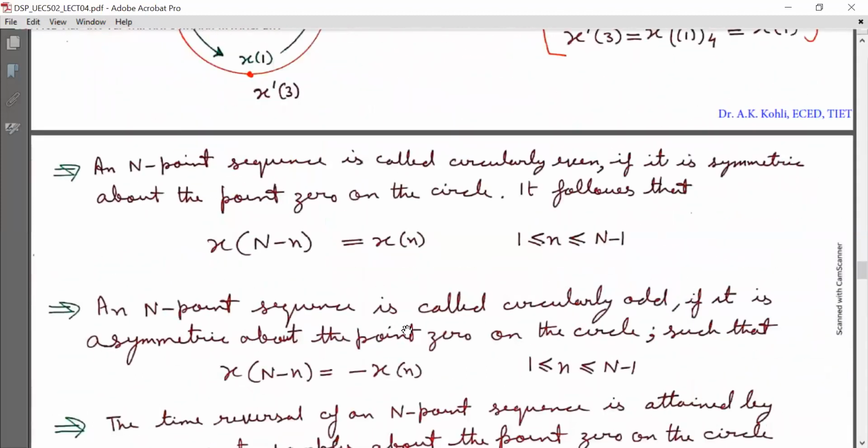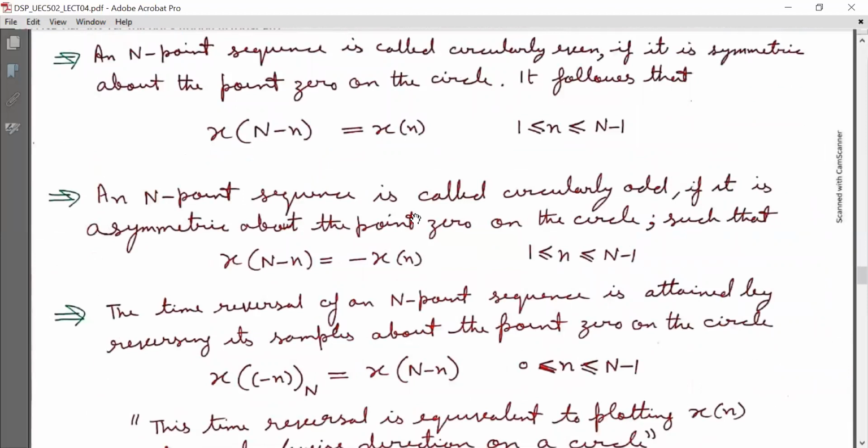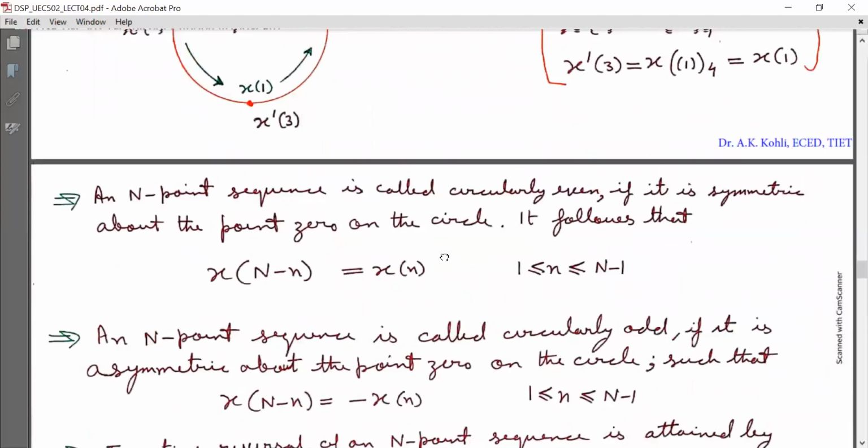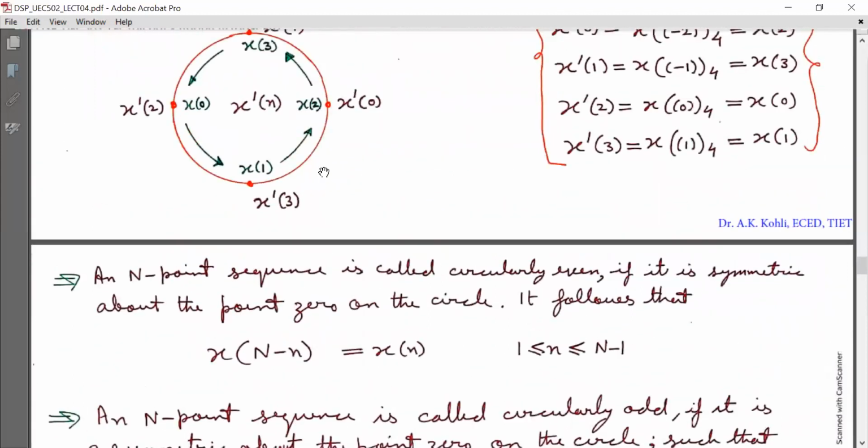Now, an N-point sequence is called circularly even if it is symmetric about the point 0 on the circle. This is the n is equal to 0 point.